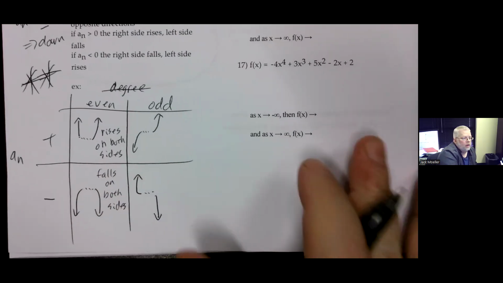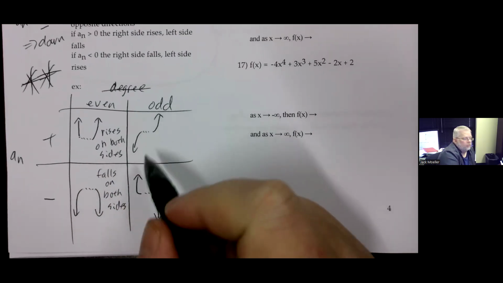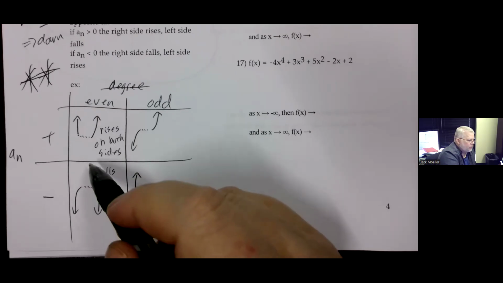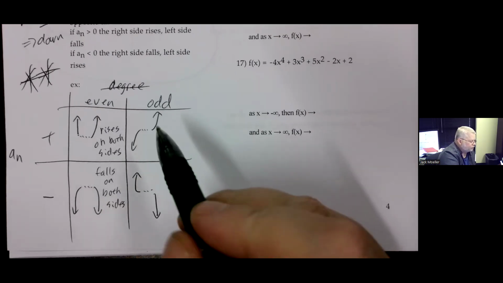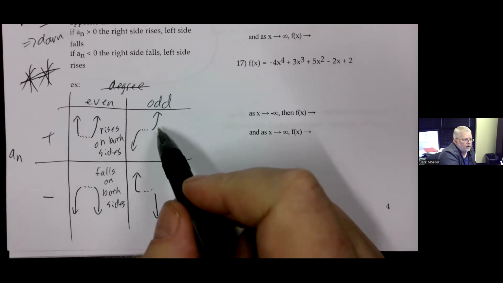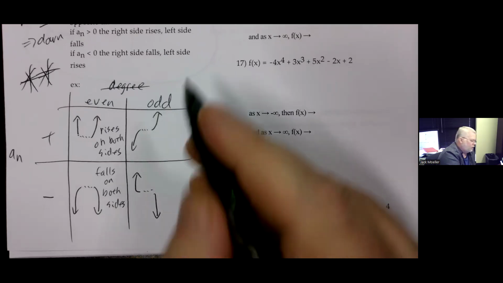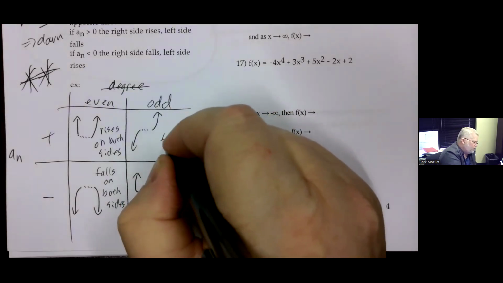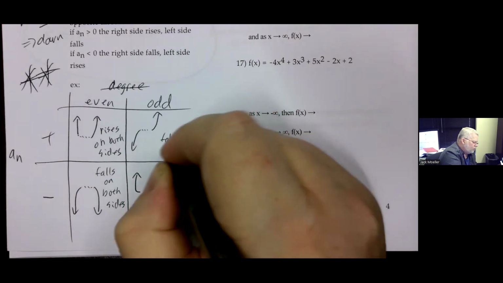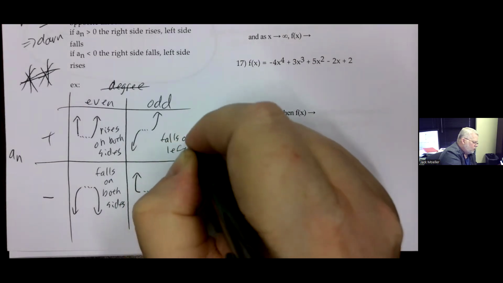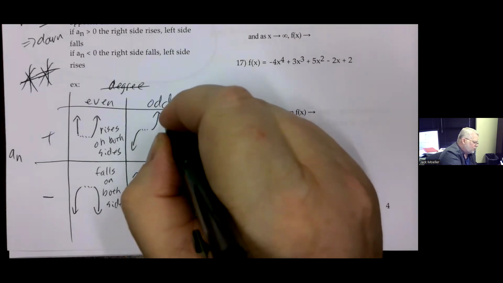So that's our even degrees, x squared, x to the fourth, x to the sixth. So how would you use fall and rise language for an upward S shape? Well, on the left it falls, and then it rises on the right.